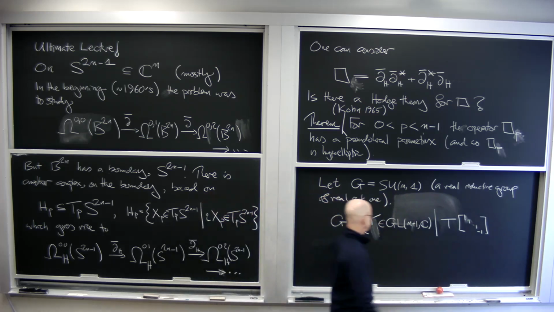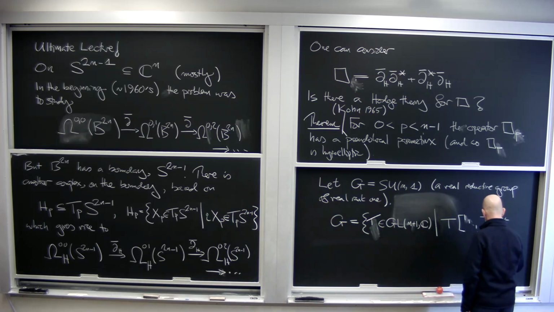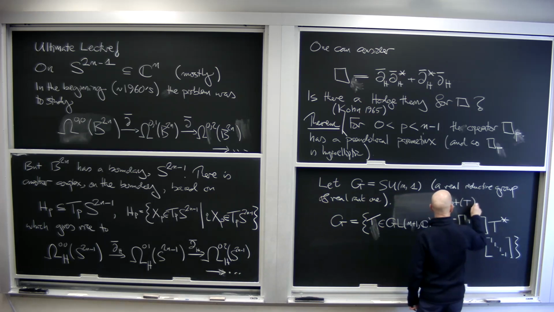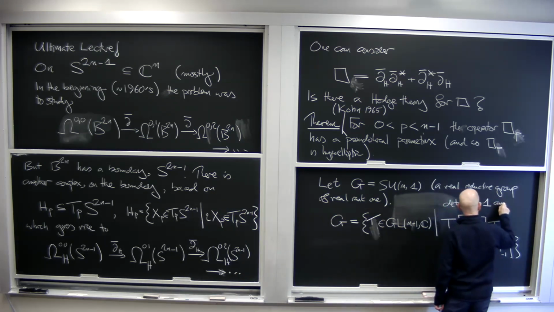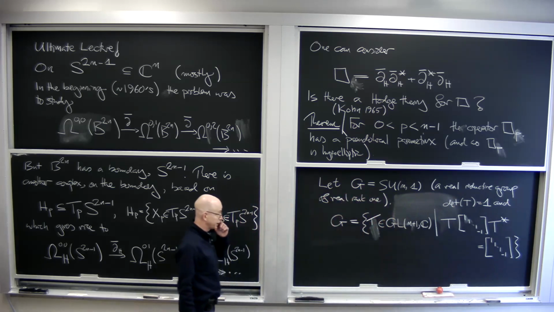The condition on T is that it should preserve, in the sense of quadratic forms, this matrix. And because of the S condition, the determinant is 1 as well. So that's what this group is.